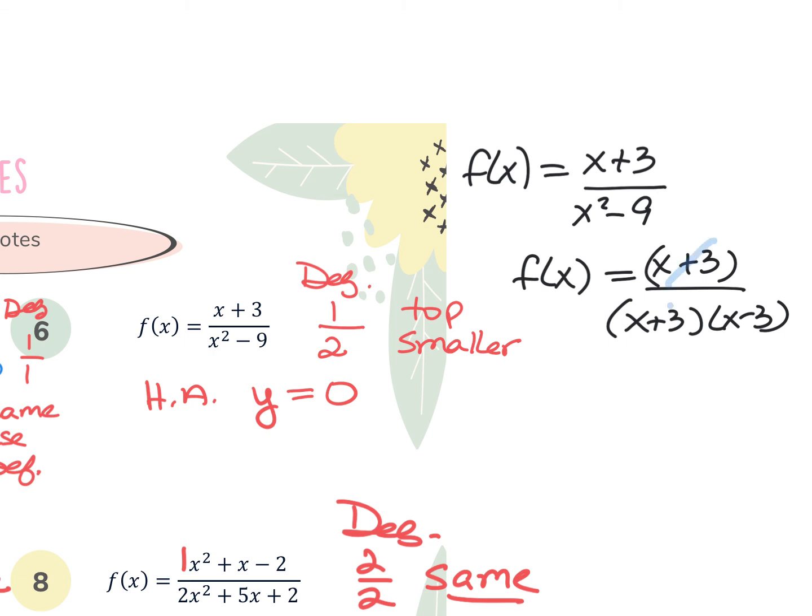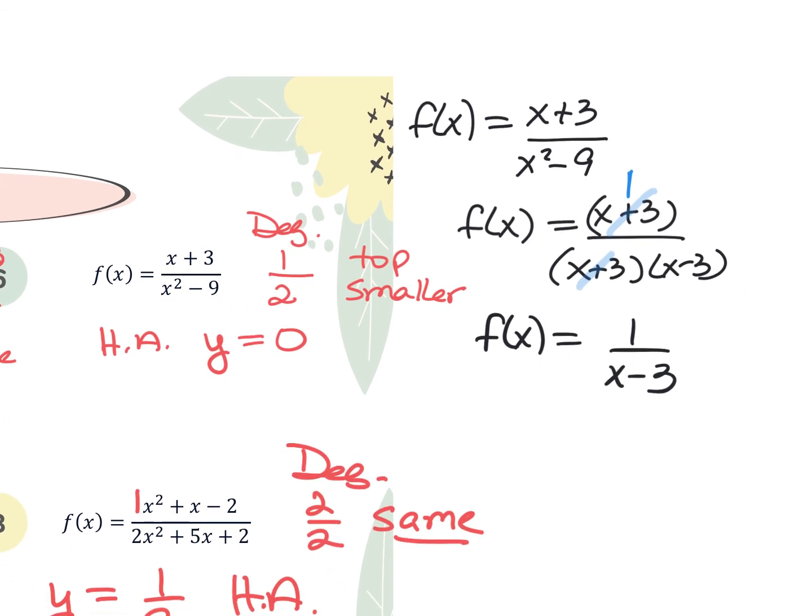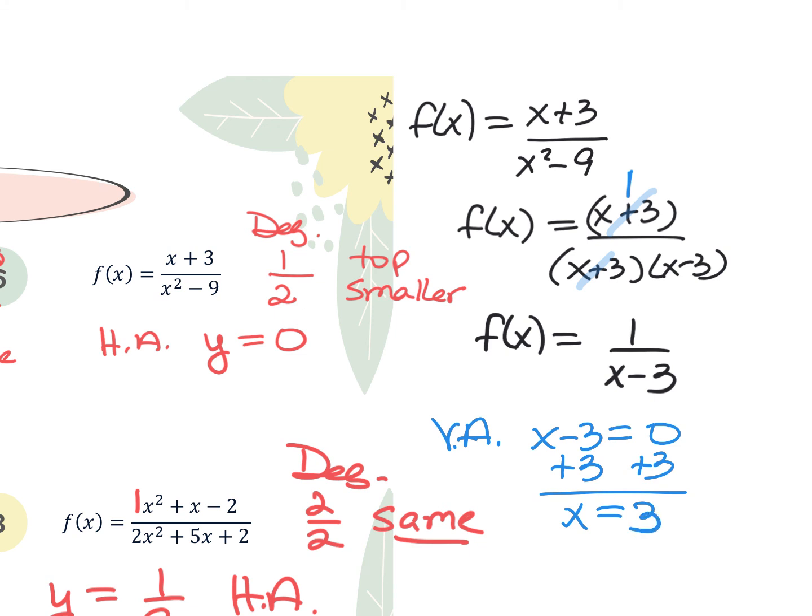The x plus 3's cancel. Remember, when this cancels, a 1 is left behind. So my simplified function is f of x is equal to 1 over x minus 3. I now take the denominator, set it equal to 0 to get my vertical asymptote. I have a vertical asymptote located at x equals 3.